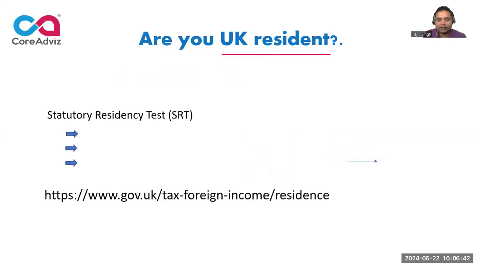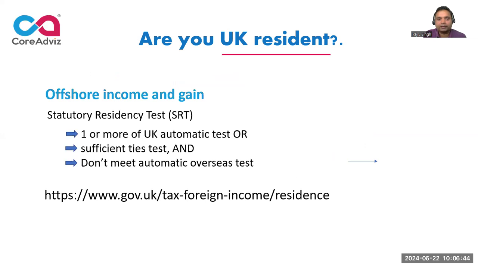So this was my last slide in the last presentation. When you are filing tax return in UK and how it's going to impact remittance of fund, it's only going to impact the UK resident. And the definition of UK residents is a three-step level flow.